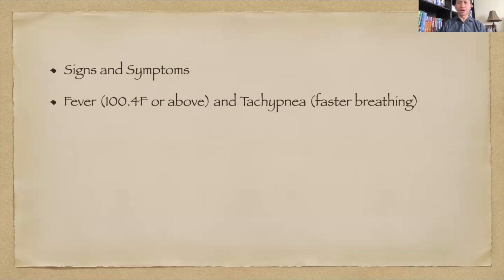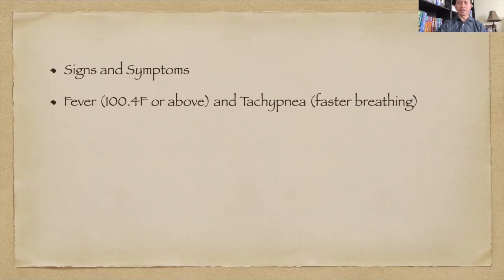Normal respiratory rate is 12 to 20. If your breathing is more than 20, or in the 30s or sometimes 40, then most probably you have this infection. And remember, the fever and the breathing are under the signs of this infection.